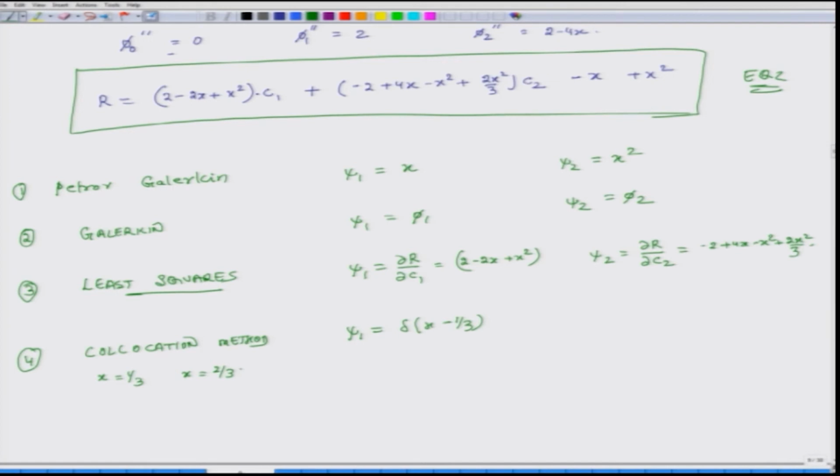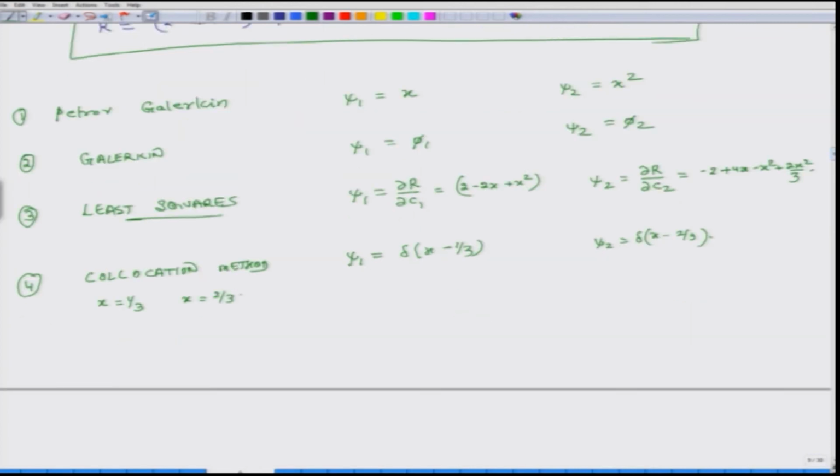Okay. So, in a domain of 0 to 1, these 2 points are the places where the residue is 0, and the points are equally spaced, but I can pick some other points also. So, this is Dirac delta at x equals 1 by 3 and the other one is Dirac delta at x equals 2 by 3. Okay. So, these are different weight functions, and the choice of weight function depends on the different flavors of weighted residual method.